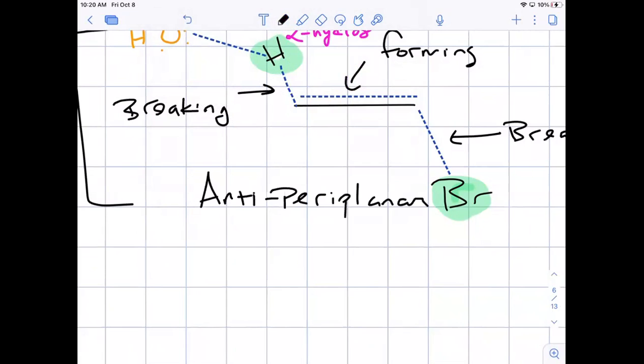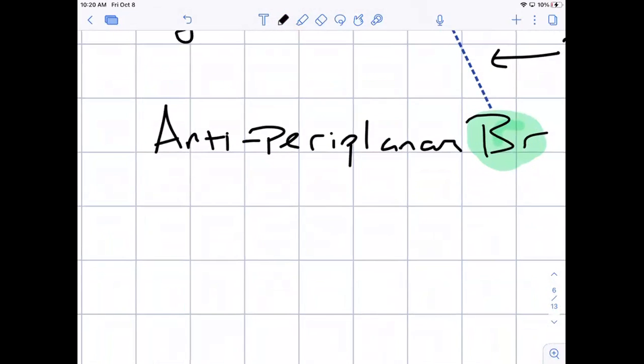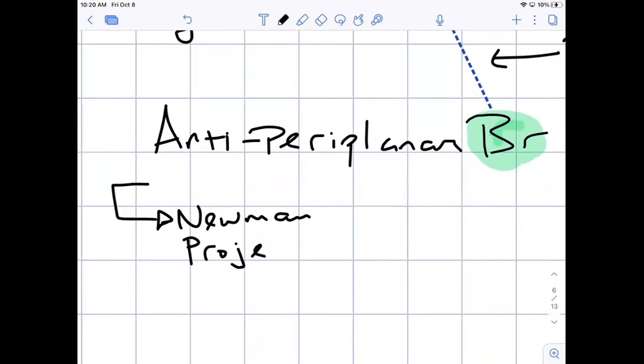So I'm going to show you another way to look at this, another way to depict it through what we call a Newman projection. Right.